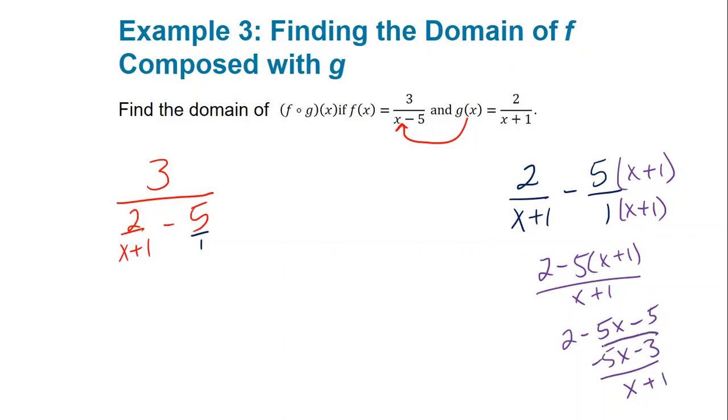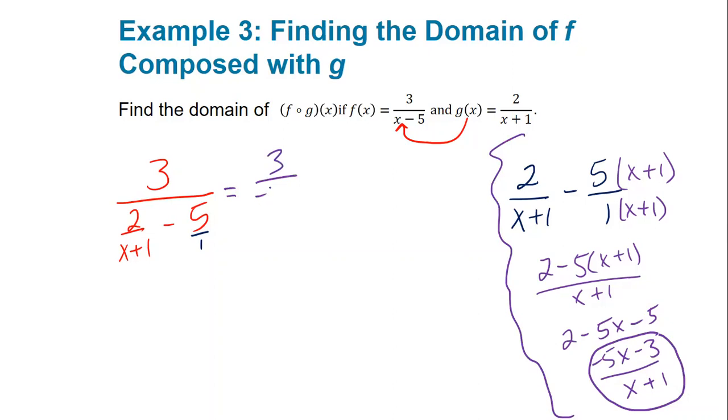This is now what I need in the denominator. What about that 3? We're coming back. I just said this was our side work. So now we have 3 over negative 5x minus 3 over x plus 1.